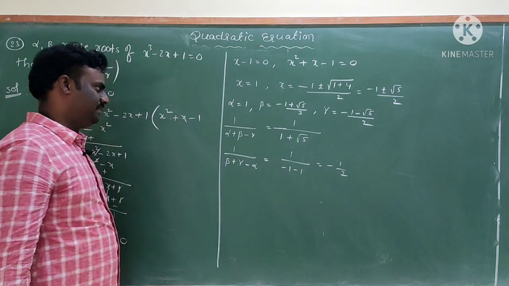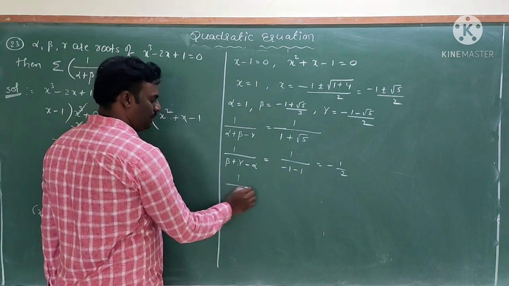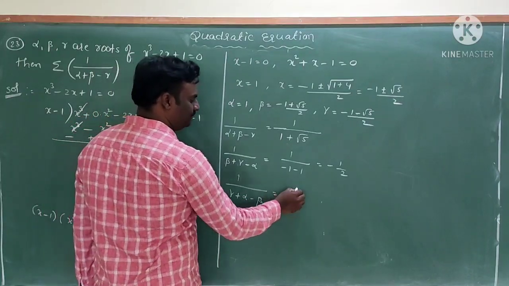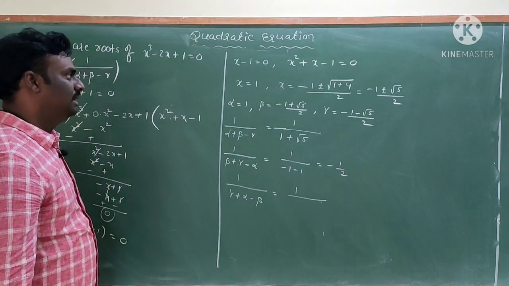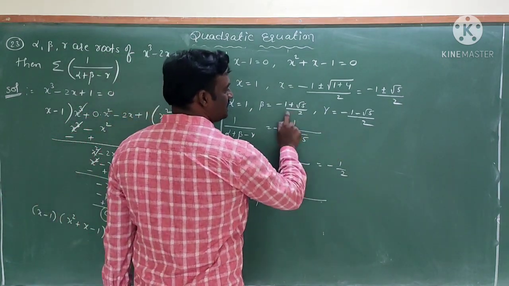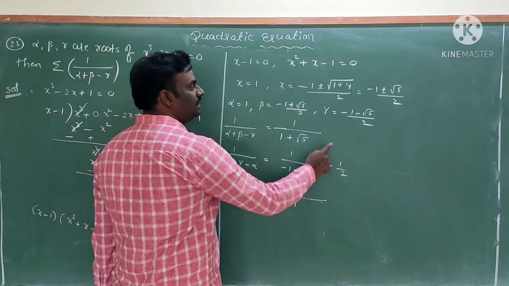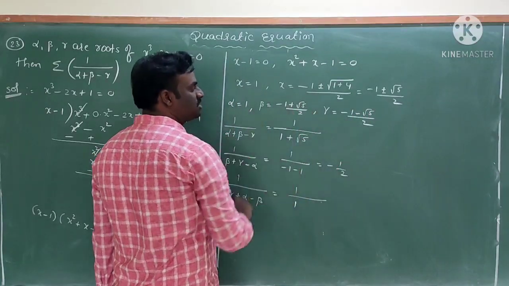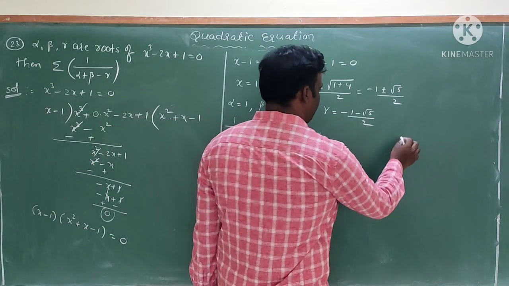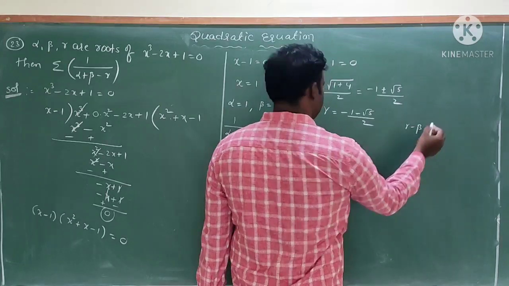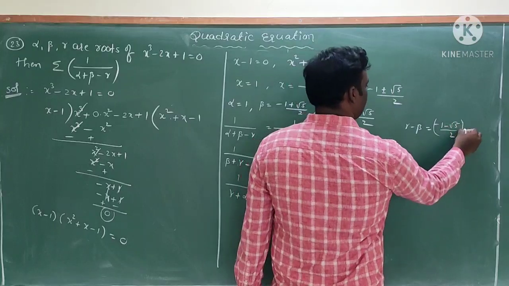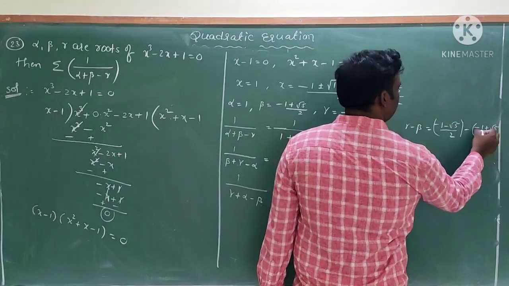Next, the third one, 1 by gamma plus alpha minus beta. Okay, then alpha value is 1, gamma minus beta, this minus this. Now here also what will we get? Minus root 5, minus 2 root 5. Then gamma minus beta, I am simplifying here. Gamma minus beta is minus 1 minus root 5 by 2 minus minus 1 plus root 5 by 2.